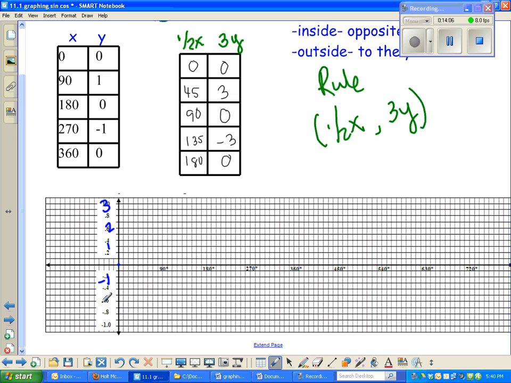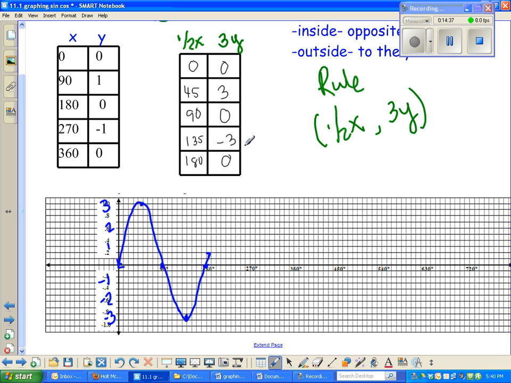And -1, -2, -3. 0, 0, then we're going to have 45 degrees all the way up to 3. 90 degrees, we're back at 0. 135 degrees, we're down to -3. And 180, we're back at 0. And you should be able to connect these points. And again, more roller coaster, less mountains. Okay, and get your sine curve graphed.